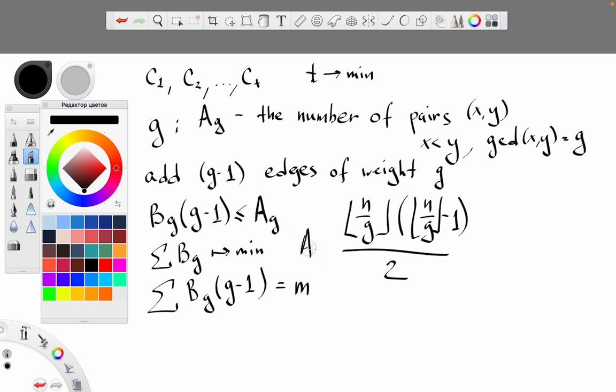But that's not AJ. AJ is this number after we remove all the pairs that have actually greater GCD.